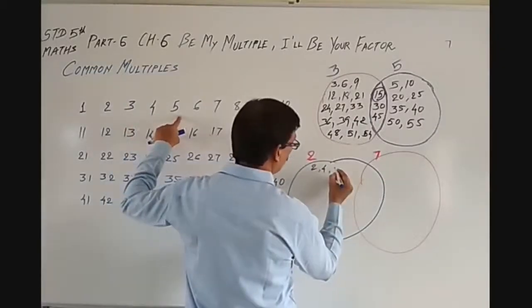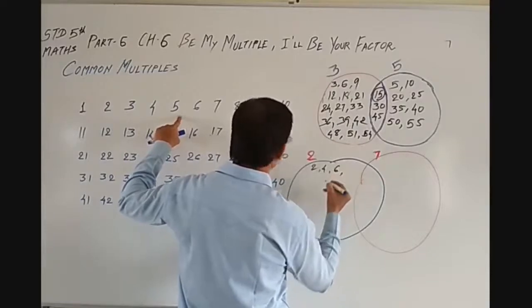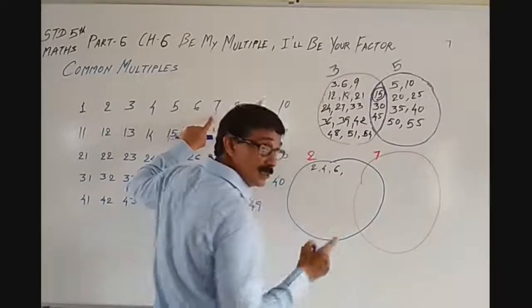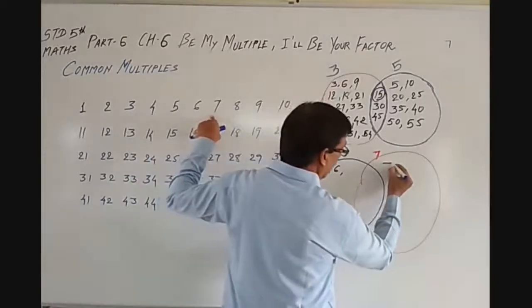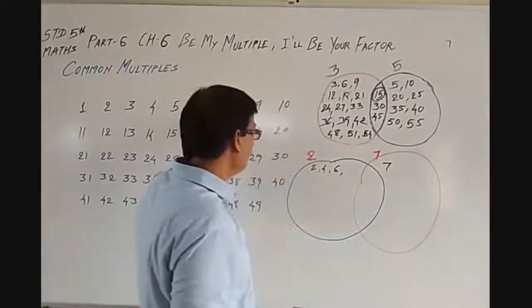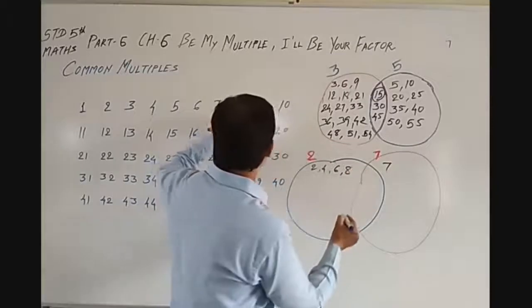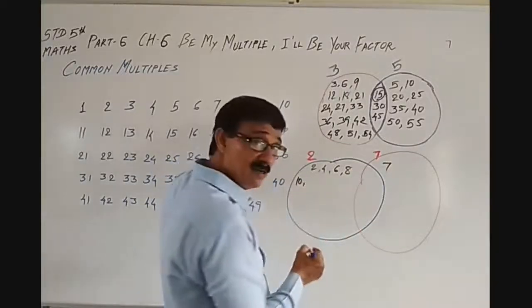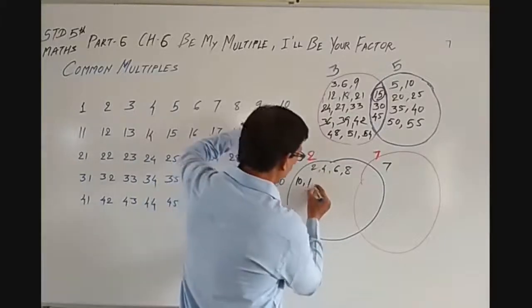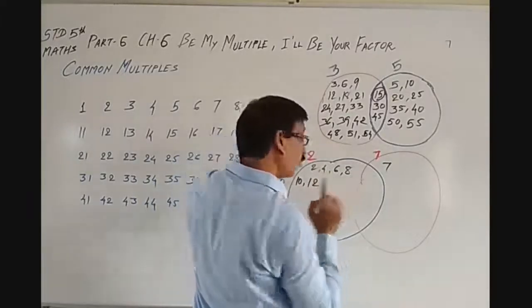Then 5, no. 6 over here. 7 is a multiple of 7, 7 ones are 7, that is why I should write it over here. 8 here. 9, no. 10 here. 11, no. 12 here. 13, no. 14.